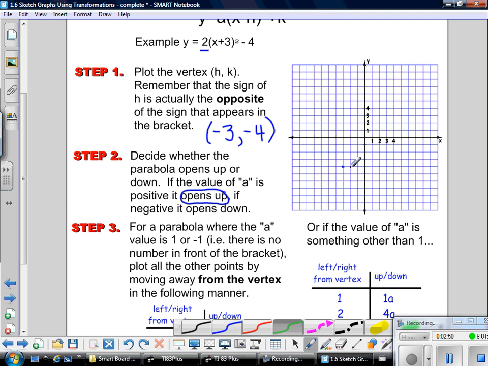We're going over 1, up 1 squared times 2, so up 2. Back to our vertex, over 2, up 2 squared times the a value, which is 2. So that means we're going up 8. Then over 3, up 3 squared times 2 is up 18. So there we go. Usually that's enough points to graph.